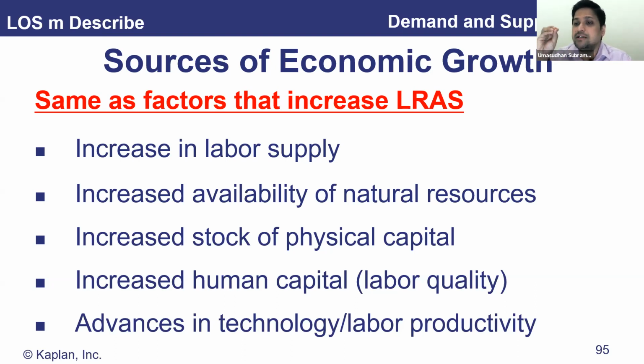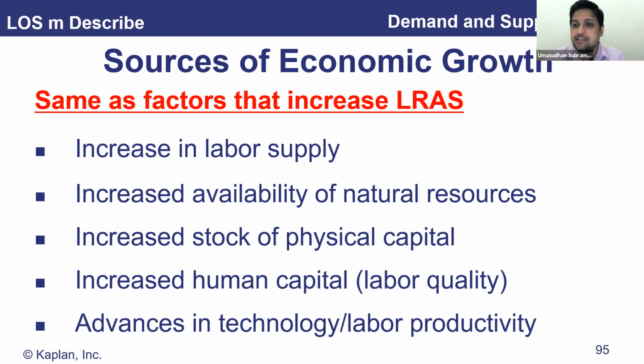You either increase the available resources by increasing labor supply, by relaxing the immigration rules, increasing availability of natural resources like discovering mining, increase physical capital like fixed assets, human capital, improving the quality of workers so they can produce more, improve technology, bring in technological advancements, and improve productivity so people can use the same factors of production but produce more. These are the same factors we looked at, the factors that would increase long run aggregate supply.